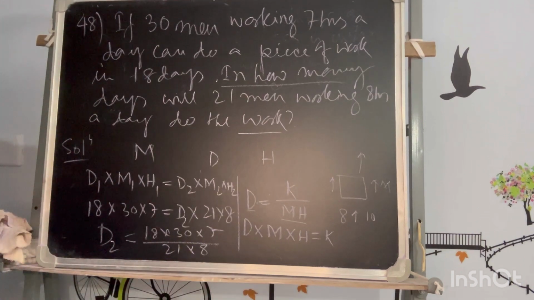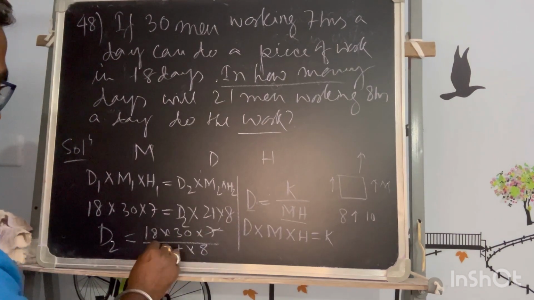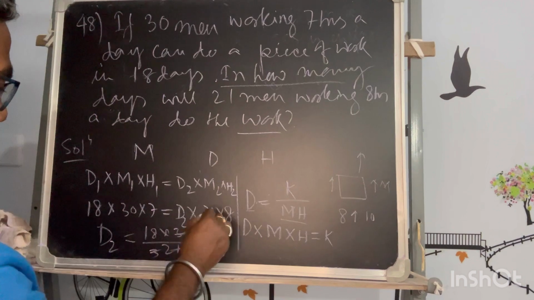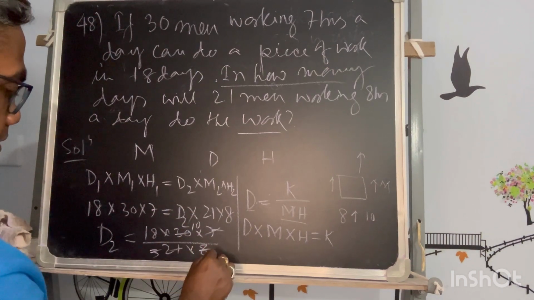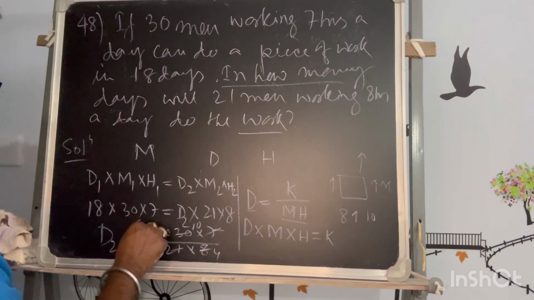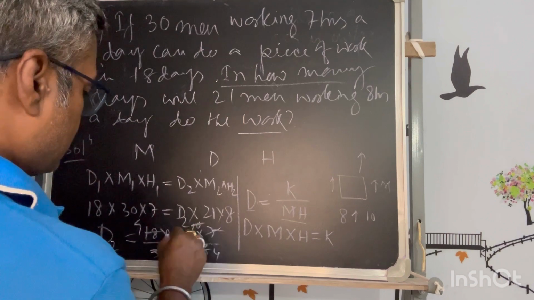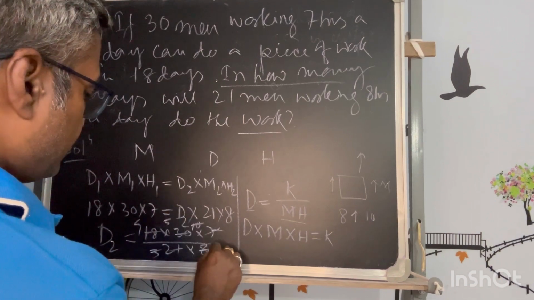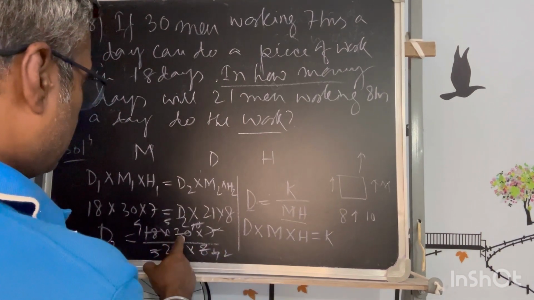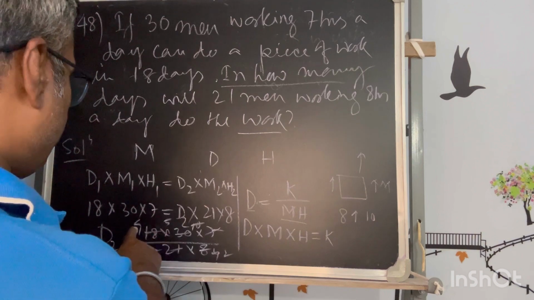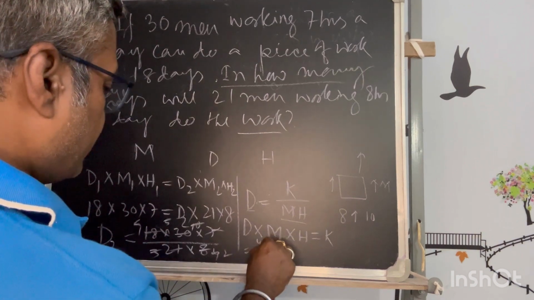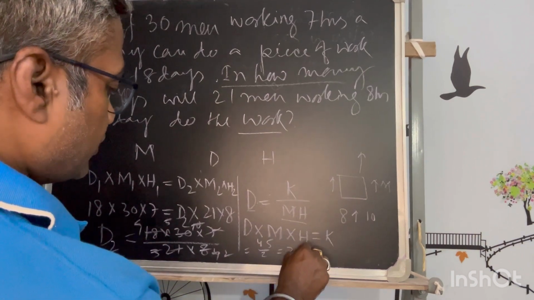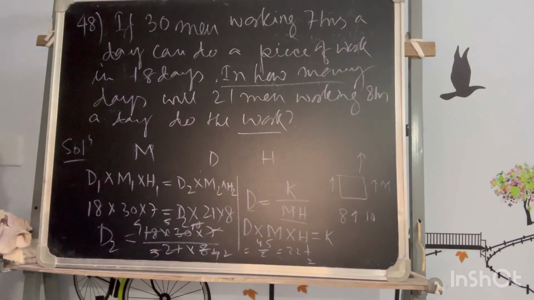Simplifying, 7 cancels 3 times, 8 cancels 2 times, giving 5 into 9, 45, 45 by 2, that means 22 and a half days. So the number of days needed is 22 and a half days to complete the same job. Okay.